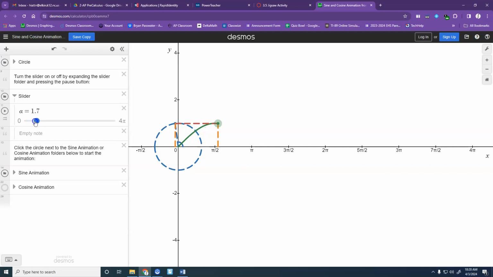It maxes out right there at the top. It gets lower. Hits 0 right here. Then it goes below the x-axis, bottoms out right there. Then it goes back up. And there's one rotation from 0 all the way to 2 pi. So that y tells us our height as we go around.